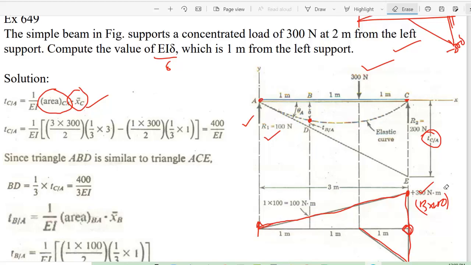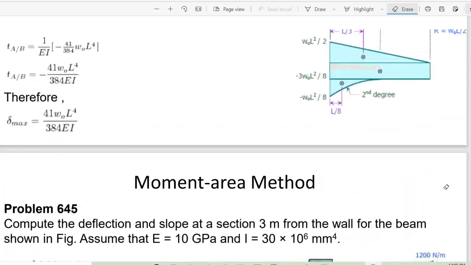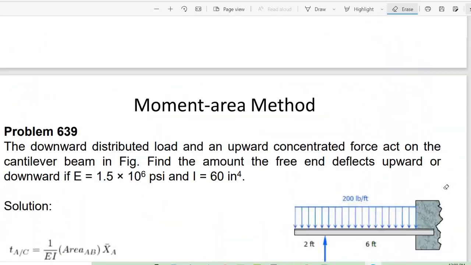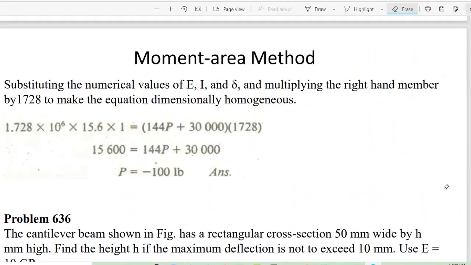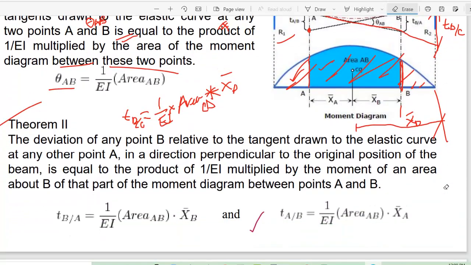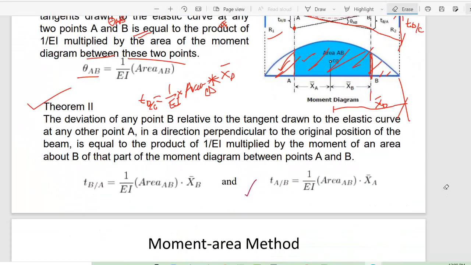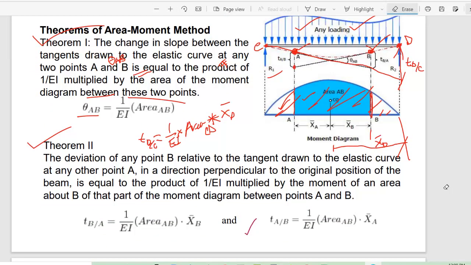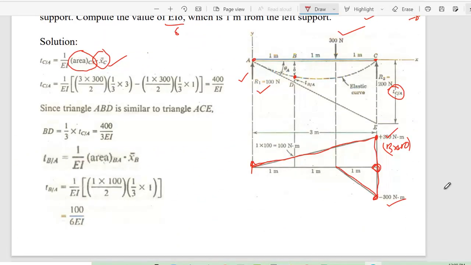If you look back to the formula that we have discussed, here you can see, while you consider the tangent distance from B, we consider X bar B. While you consider tangent distance from A, we consider the X bar A. I hope you understand. Now try to put the area formula.